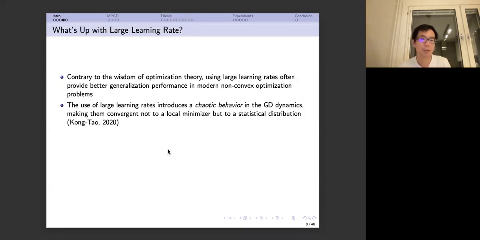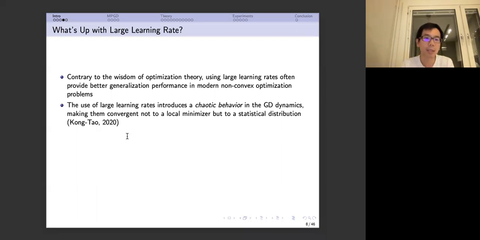Now, what's up with large learning rates? Again, there is a series of papers that try to understand this. The main result is that, contrary to the wisdom of optimization theory, using a large learning rate can provide better generalization performance. This has been observed empirically in non-convex optimization settings.